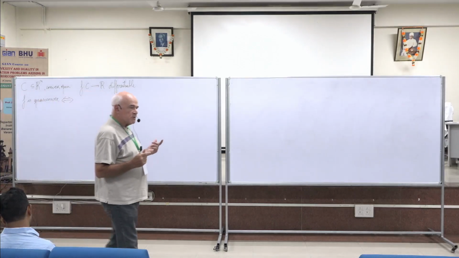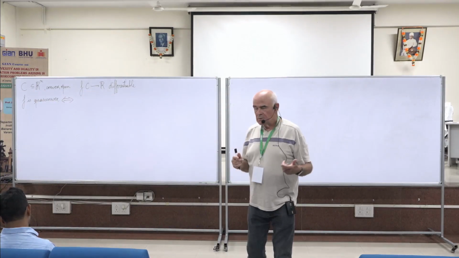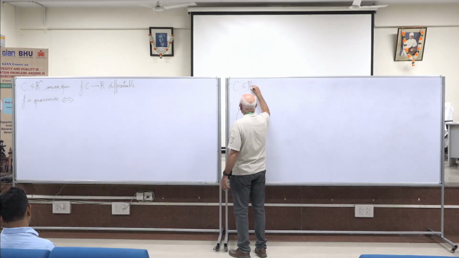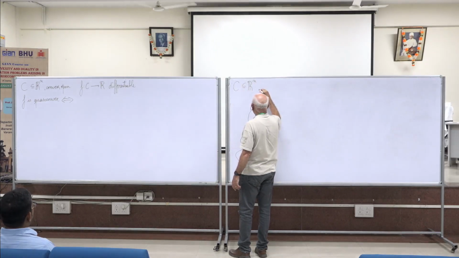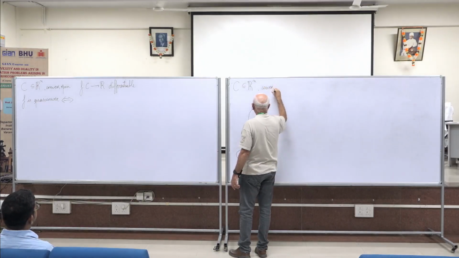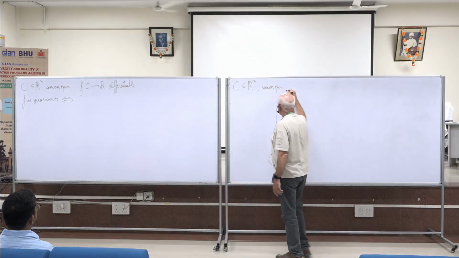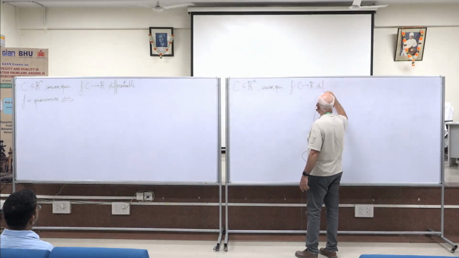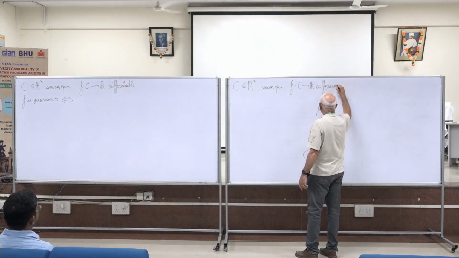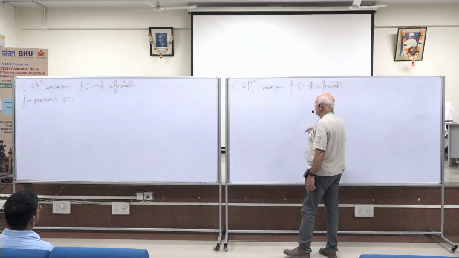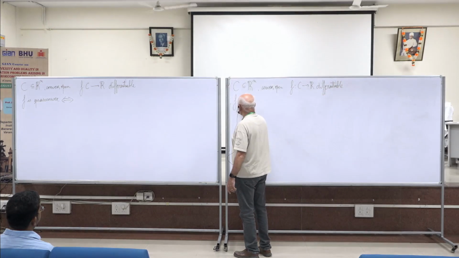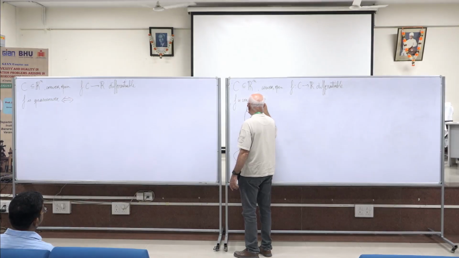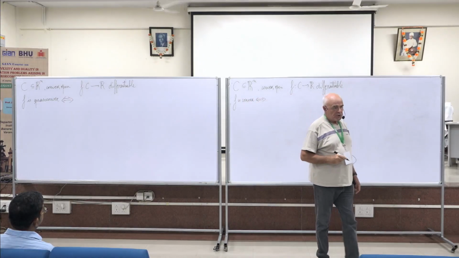Let us recall first what's the situation with convex functions. So suppose we have the same situation here. What are the conditions for it to be convex in terms of the gradient of the function?